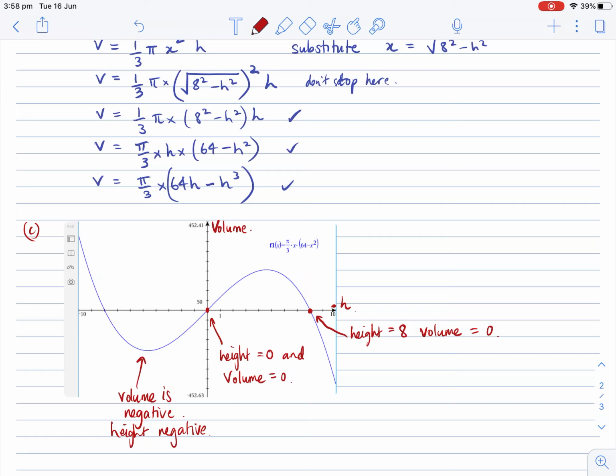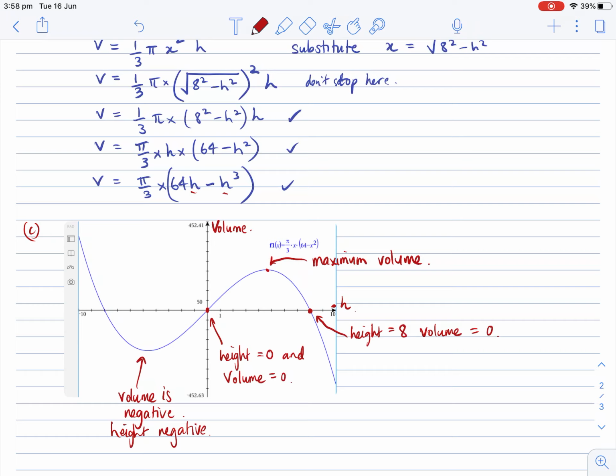Probably not. And then we've got some point in the middle here, not exactly sure where it is, but some point here where we're going to have the maximum volume. So the volume hits its maximum value when I'm adjusting the height. Please don't forget that even though my equation only had h for height, we related the height to the x value.